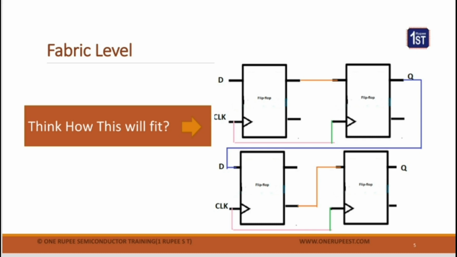Now at the fabric level, try to imagine how these four registers, or how this synchronous design, will fit on the fabric. You can imagine that I have a configurable logic block, and each configurable logic block has just two registers, two flip-flops, and then I'll be having a piece of RTL code using an always procedural block, that is always at the rate of passage of the clock.